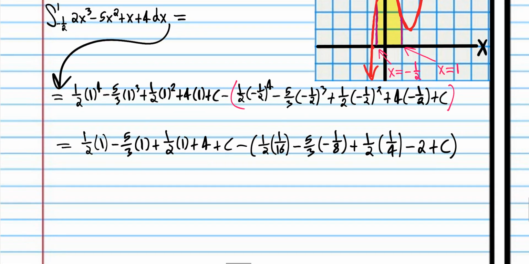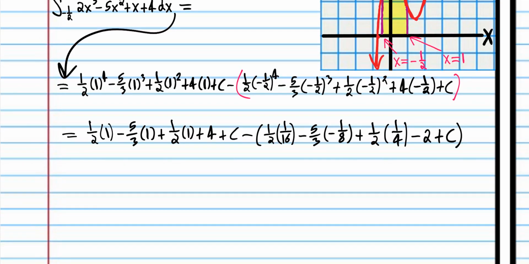Okay, so let's go back and check everything, make sure we did everything correctly. Everything looks correct as far as I can see. It's a lot of calculations, so you got to be careful. And I'm going to make these parentheses a bright color just so we know to watch out for those.